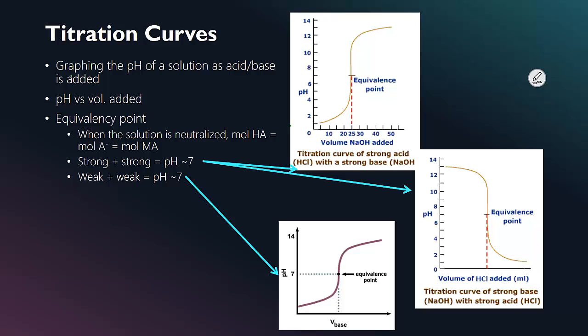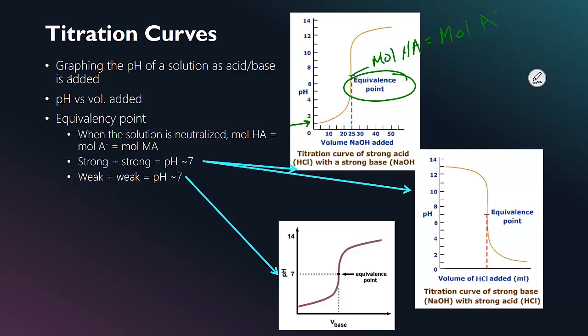So if we start with something at a low pH, as we add our titrant to it, as those hydrogen ions pick up the hydroxide ions, the pH will begin to rise. The pH goes up until our moles of acid equals our moles of base, known as the equivalency point.